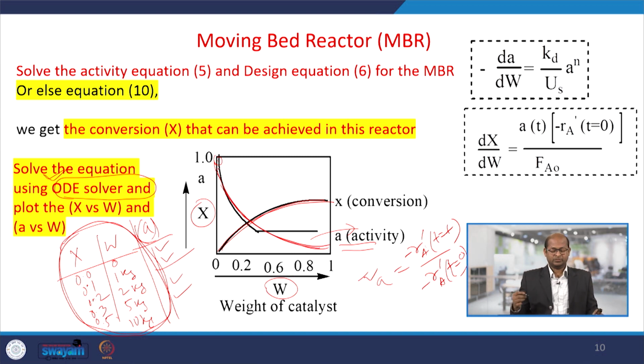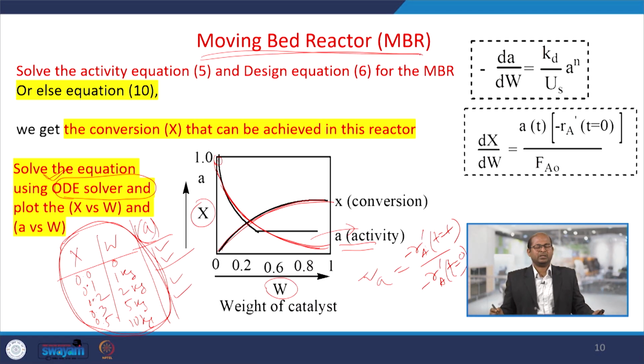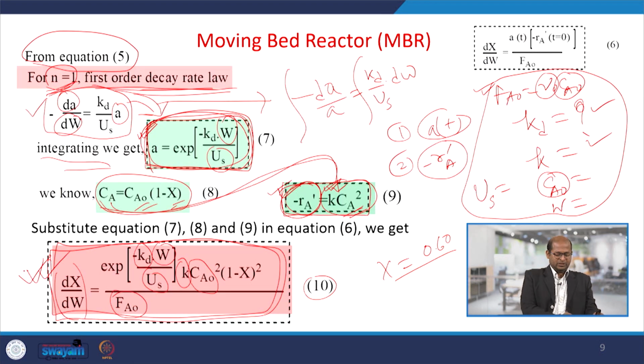From here we can say that in a moving bed reactor we can do cracking reactions, such as crude oil cracking, where the catalyst is moderately deactivated, not very fast and not very slowly. In that case we can develop the design equations for the moving bed reactor and solve them by considering the material balance equation together with the catalyst deactivation rate equation, which is very crucial.